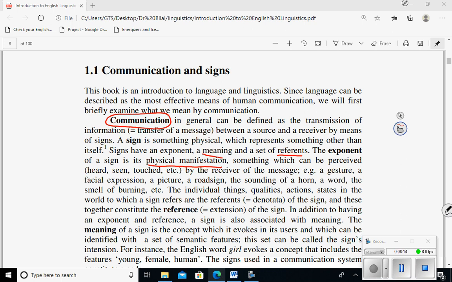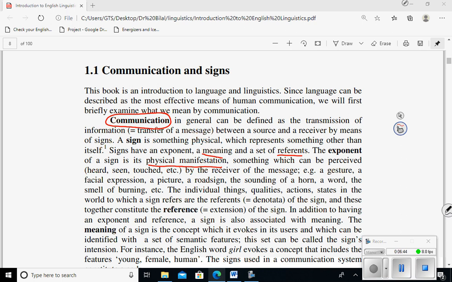So your facial expression, if you smile, a picture, a road sign, the sounding of a horn, a word, the smell of burning, etc. All of these things can give you a meaning, so you can understand it. So the exponent of a sign is the physical manifestation.